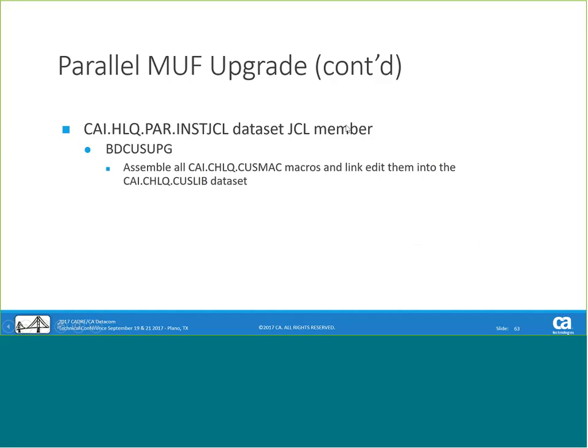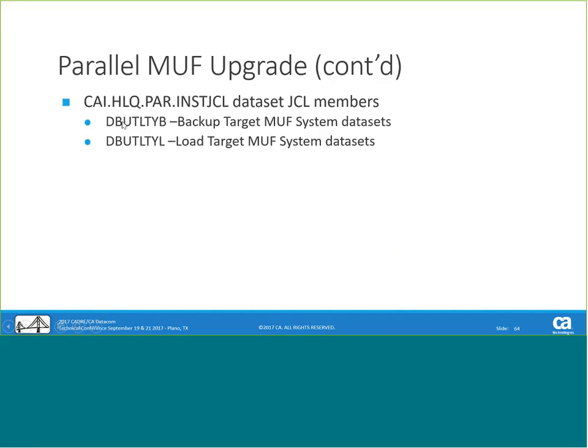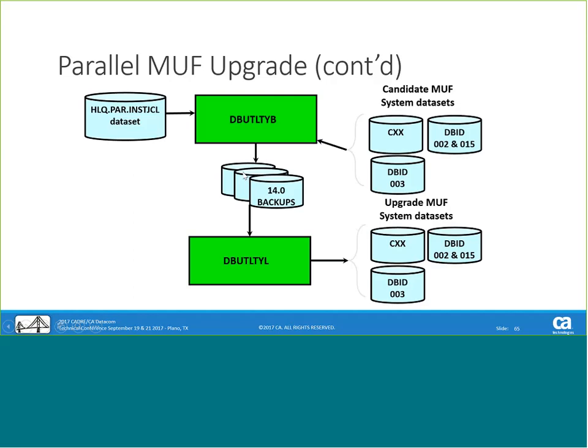Your INST-JCL members are all set as cust, UPG. That creates the cust mat, cust live. Then you have these members UTL, B, and L: B to back up the target MUF system data sets, those would be the 14.0, and L to load the target MUF data sets, that would be back at 15.1. So here's how that looks.